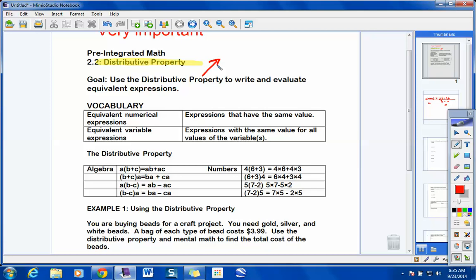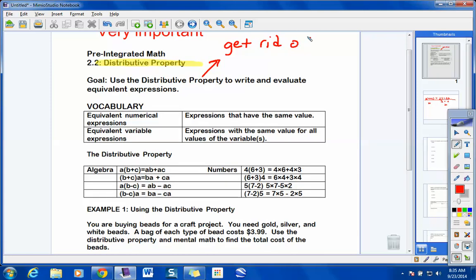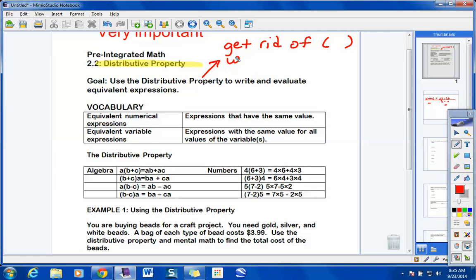It's going to be a way to get rid of your parentheses when you rewrite expressions. I'll show you what this means in a second, okay? It's going to help you get rid of parentheses when we rewrite expressions.